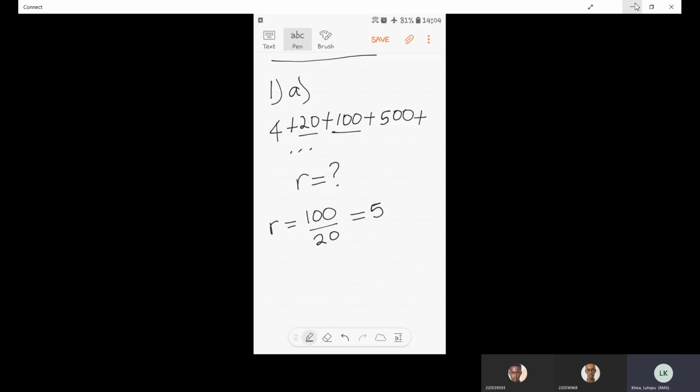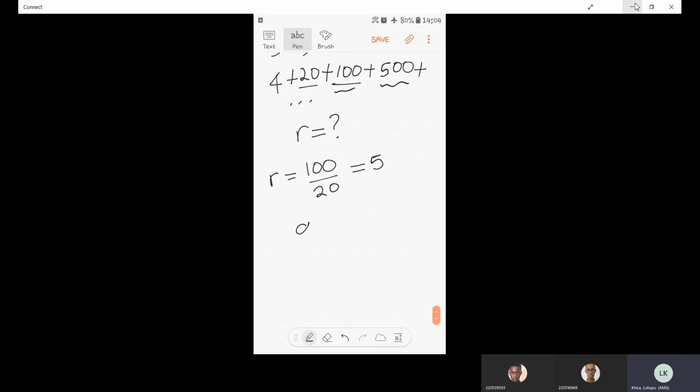So it doesn't matter which two terms you pick, as long as they are two consecutive terms, and it is the one that comes later divided by the one that comes right before it. So even if I had said 500 divided by 100, you will see that the answer is still 5 for R. Then A is obviously 4, which I'm not asked to do, but it's good to take note of.